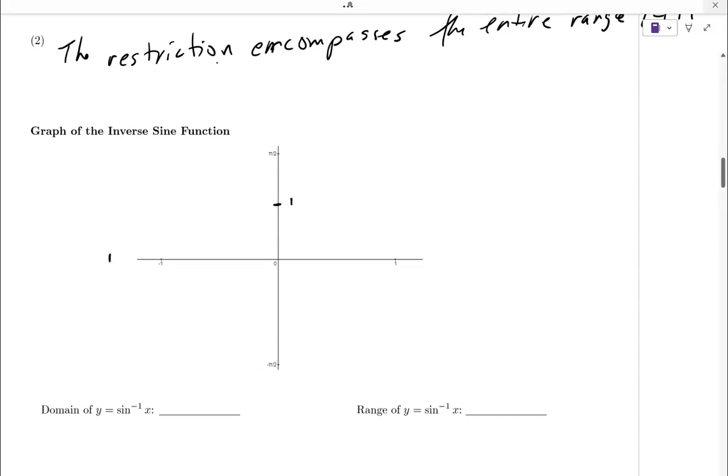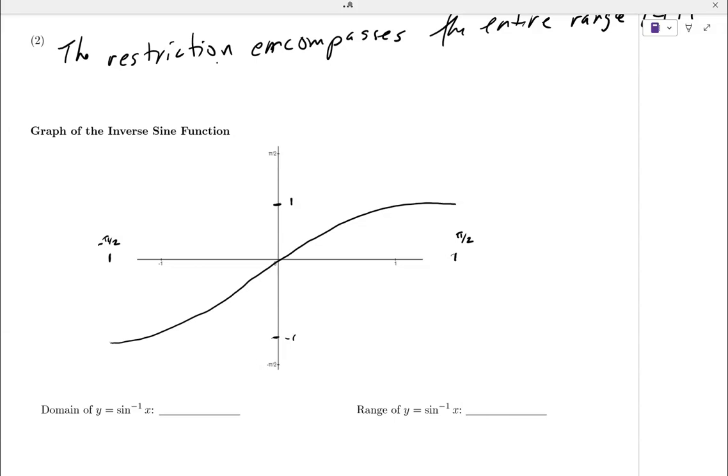Negative pi over 2 is somewhere over here. Pi over 2 is somewhere over here. And negative 1 is about here. It would go something like that, roughly. That's the original graph. It's flat, but that's what the original graph would look like.